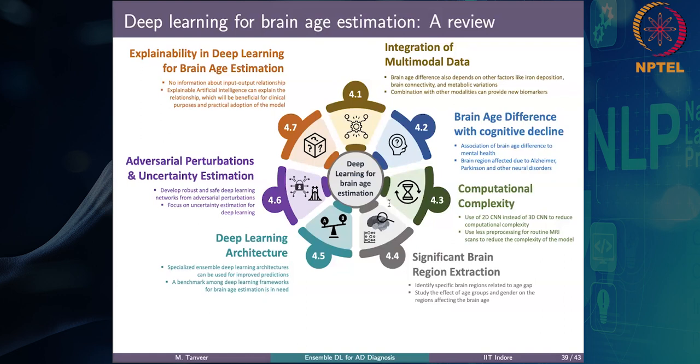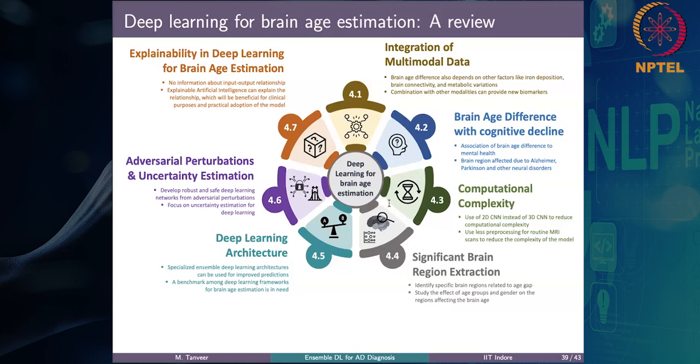Whether we go for Alzheimer disease, Parkinson, schizophrenia, or brain age, these neurological disorders are really a big challenge for researchers as well as clinical people to work on together and come up with a better solution at less cost. So it will help society.